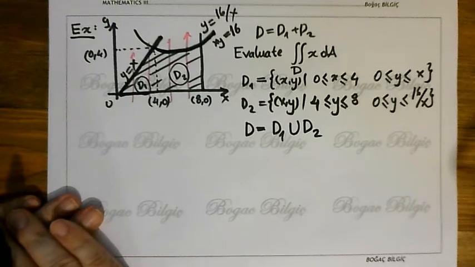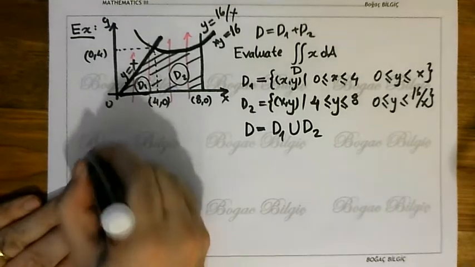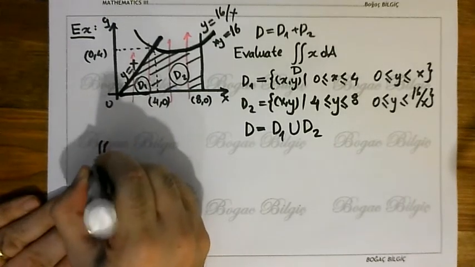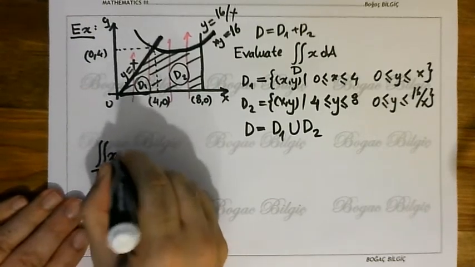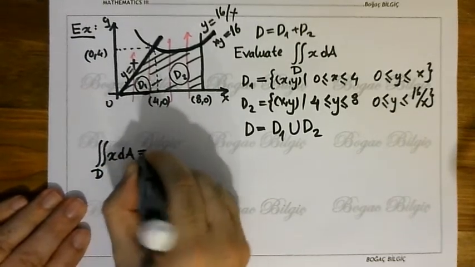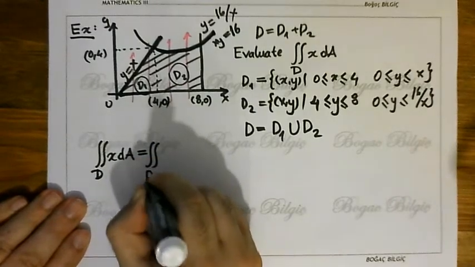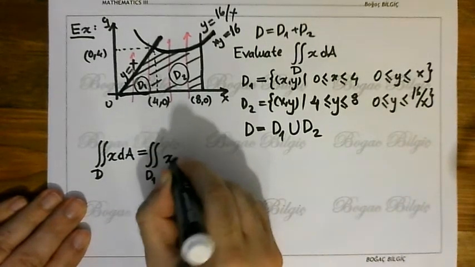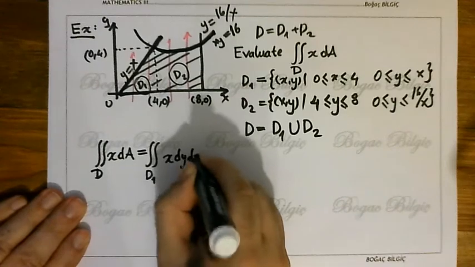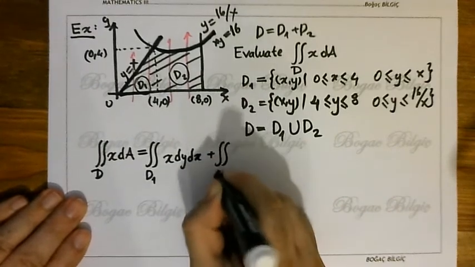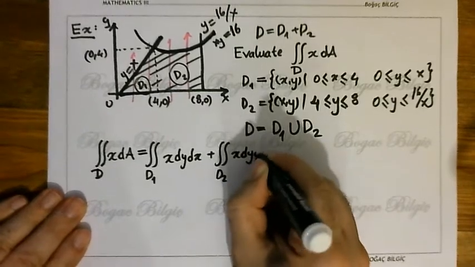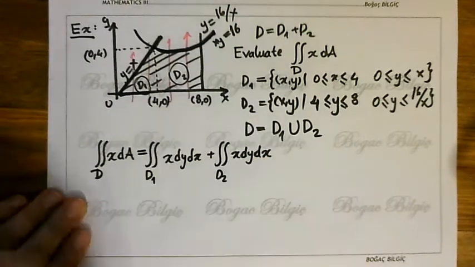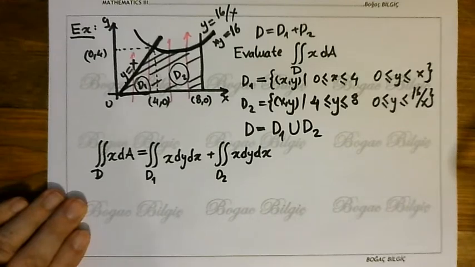Using Fubini's theorem, we obtain the double integral over D of x dA equals the integral over D1 of x dA plus the integral over D2 of x dA.